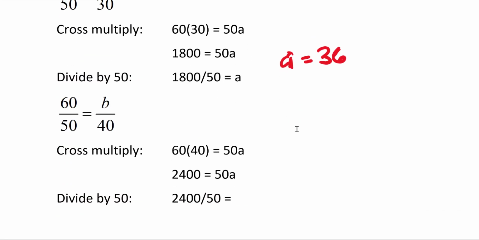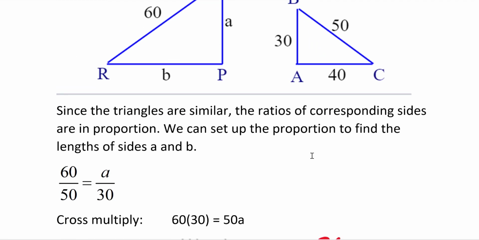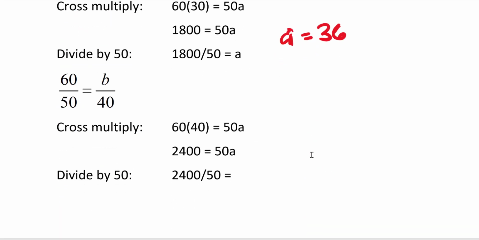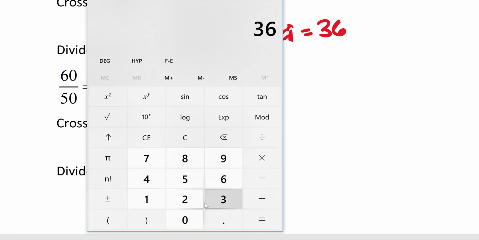And for side B, we'll set up the proportion. In this case, B will be proportional to the length of side 40 in the other triangle. Cross multiply, simplify, and we're going to divide 2400 by 50. So side B is 48.